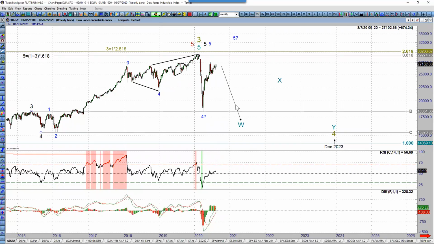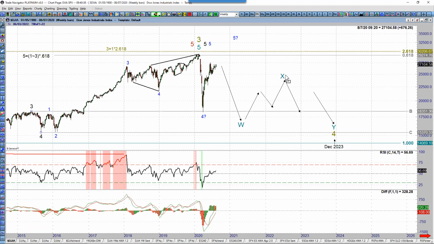So if it started with an ABC zigzag, you can get an X wave zigzag to the upside after that. And then you would get potentially a final zigzag to the downside, and this is what we call a double zigzag.